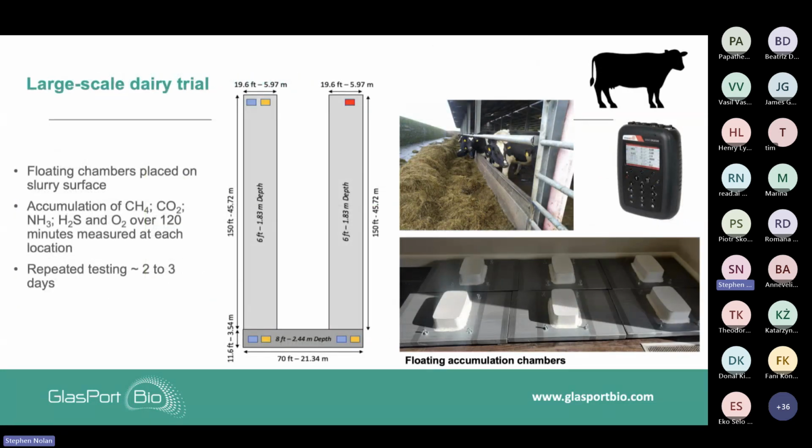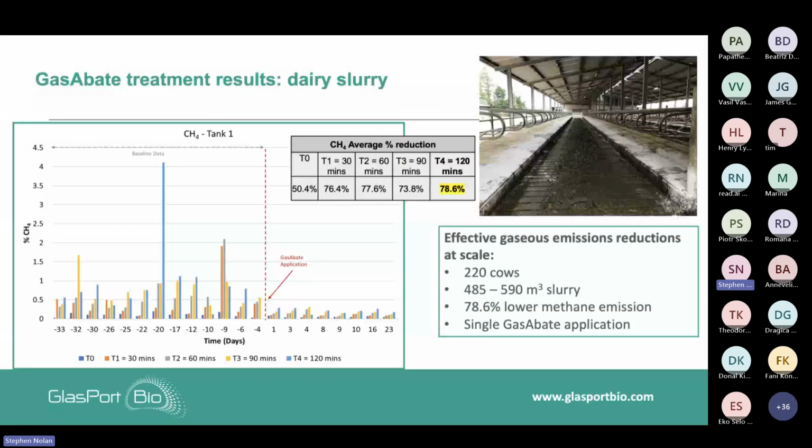Like I said, we then deployed it at full scale on a dairy farm in Chinook, which some of the project members here are associated with too, and tracked that and saw that the results we'd observed on lab scale and through pilot scale were repeated on full scale farms.